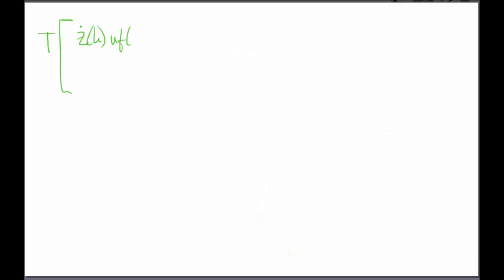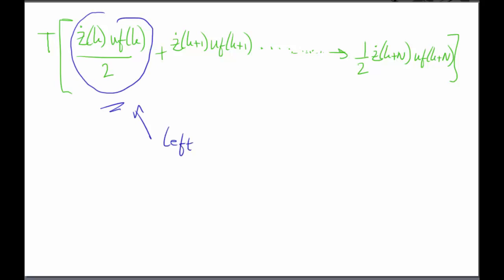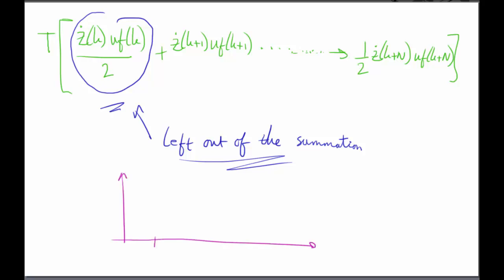So now we can put it into this form here, and it'll go up to z dot k plus 2, 3, 4, 5, all the way up until you can't add the two values together and you'll get a half value. This half value here, which is z dot k by uf of k, can be left out because the optimization is going to be based on uf of k plus 1, which is the value that you want to change it to.